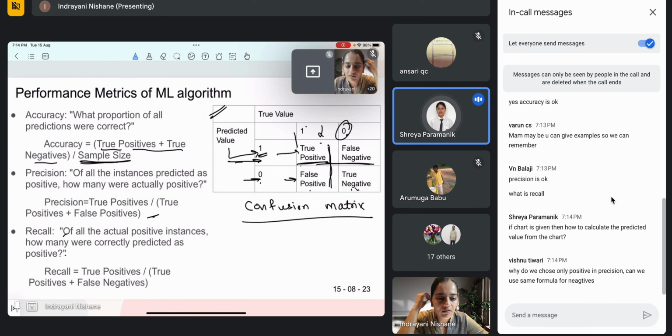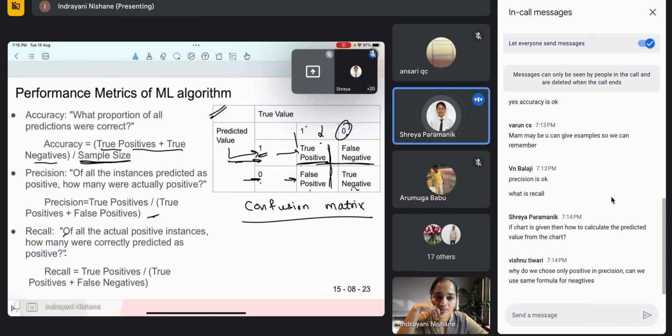Yes, ma'am. Actually, I want to know that whenever I am solving the questions from the assignment, at first the values are given in the chart, and I have to calculate the predicted value. Whatever you are telling us, how we have to calculate, and after that we have to calculate the accuracy, precision, and recall as per the question.